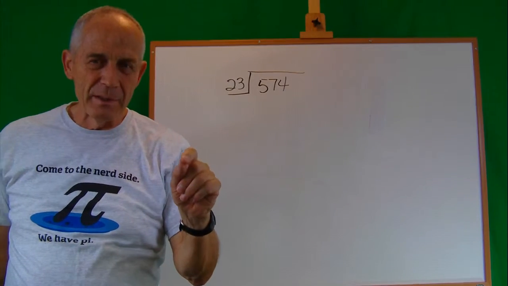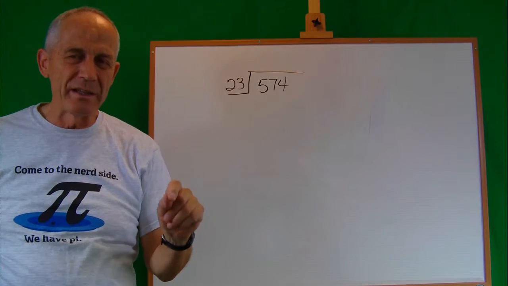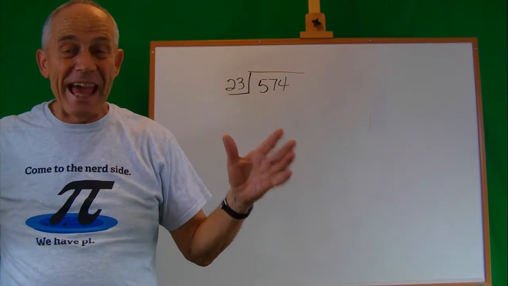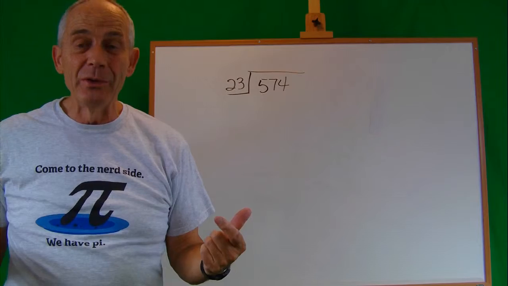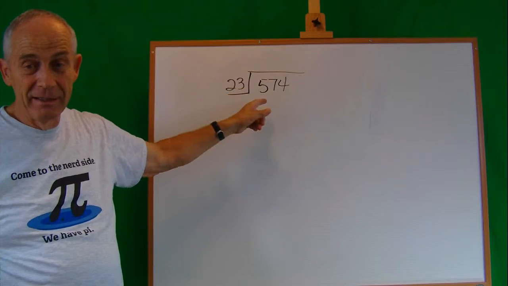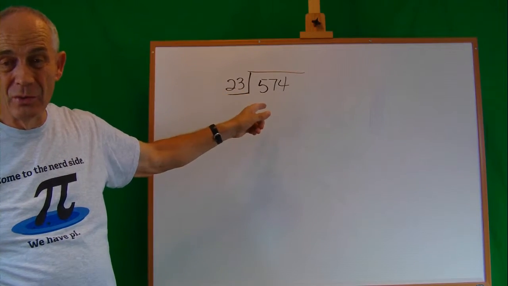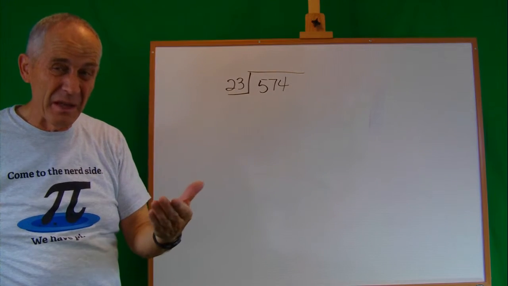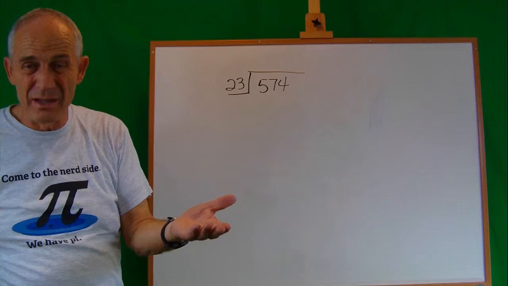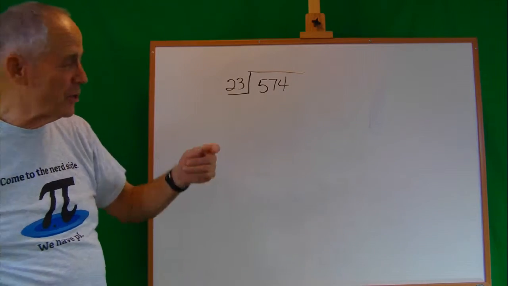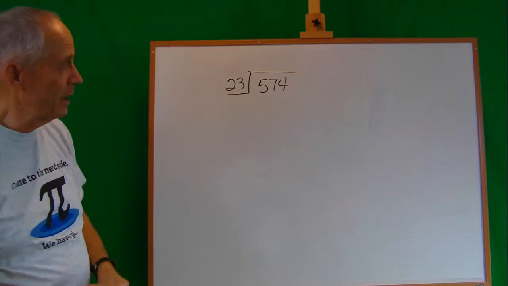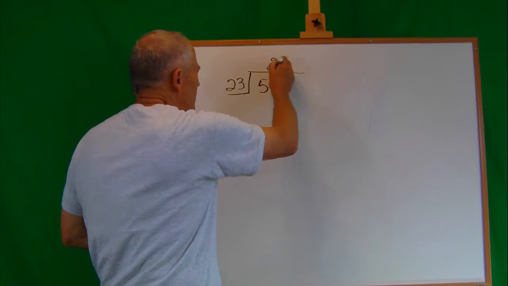So now what I'm going to be looking at is how many 20s there are in 50. I don't even have to look at that. What I can do is look at how many times 2 will go into 5, because the 20 and the 50 both have a 0 on the end. So I'm just going to check how many times the 2 will go into the 5. It goes twice, I hope.